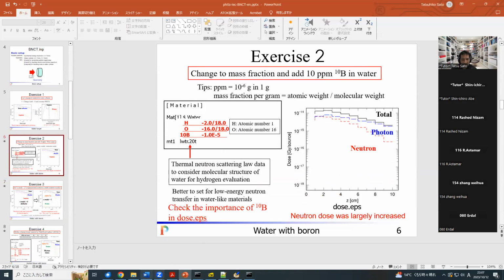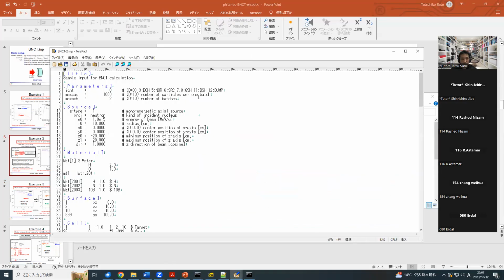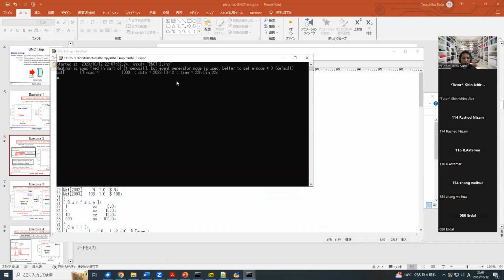I should change exercise 2, so I should do bnct 2 and e-mode equal to 2.